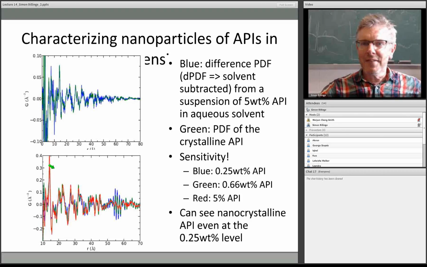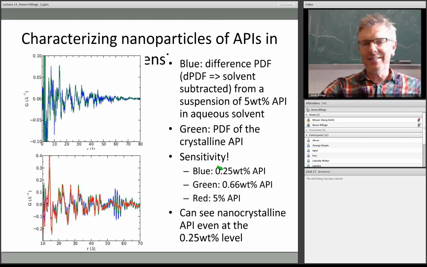And so we have here 5 weight% of API in the solvent. And you can see the blue curve is 5 weight% API, and the signal is in strong agreement with the crystal structure of this. But we've now gone from 5 weight% down to 0.66, down to 0.25 weight%.